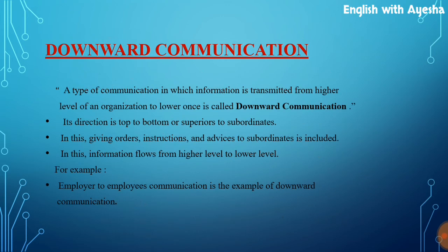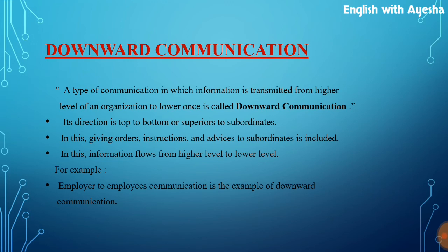The next type of communication is downward communication. A type of communication in which information is transmitted from higher levels of an organization to lower ones is called downward communication. Its direction is top to bottom or superiors to subordinates.